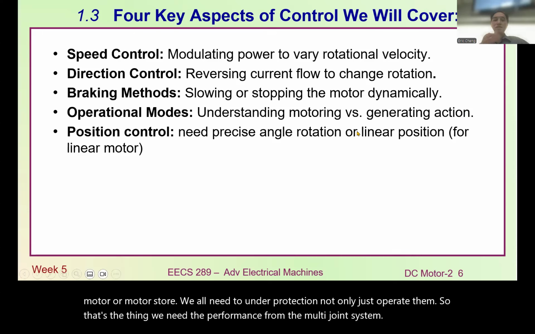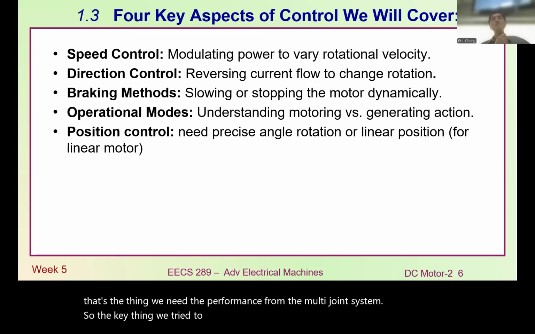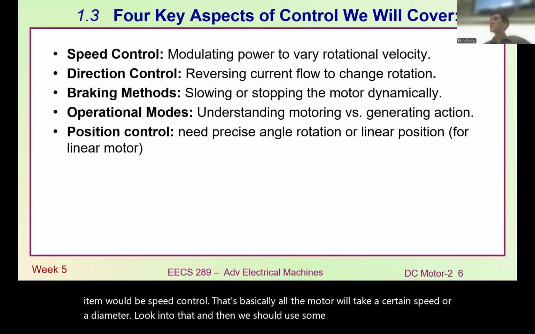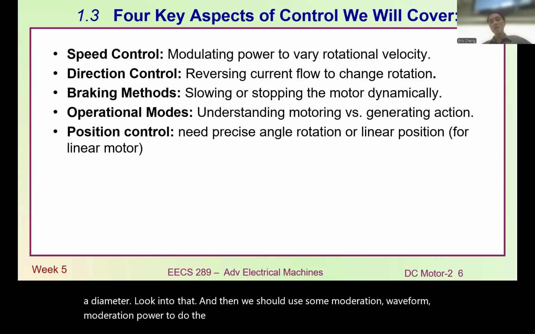The key things we try to operate for the motor should cover the basic four or five items. Speed control: the motor rotating at a certain speed, where we use some modulation waveform or modulation power to do the job. Directional control: forward and backward.